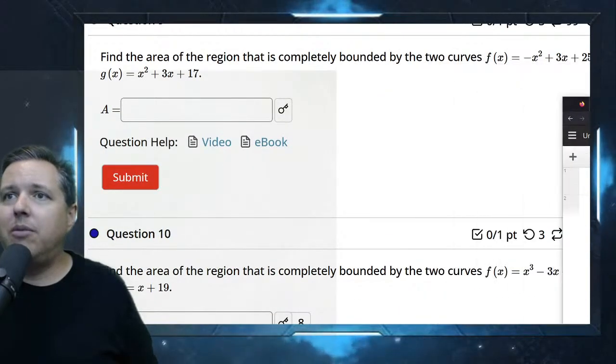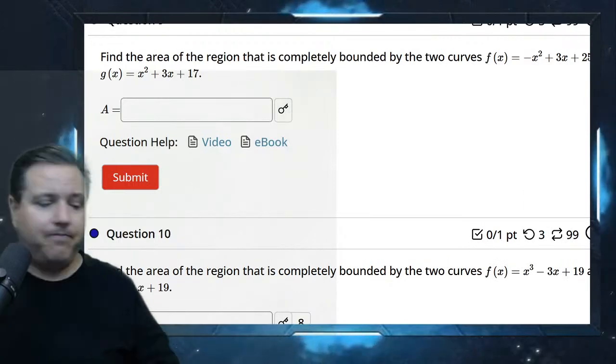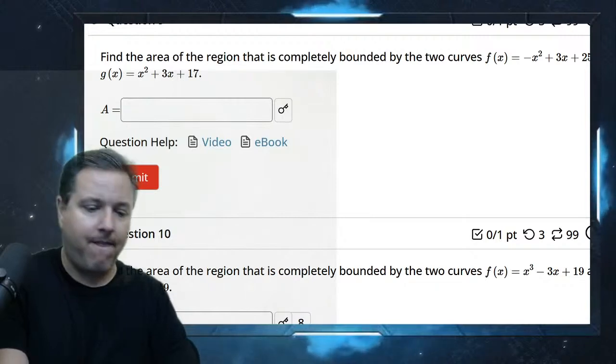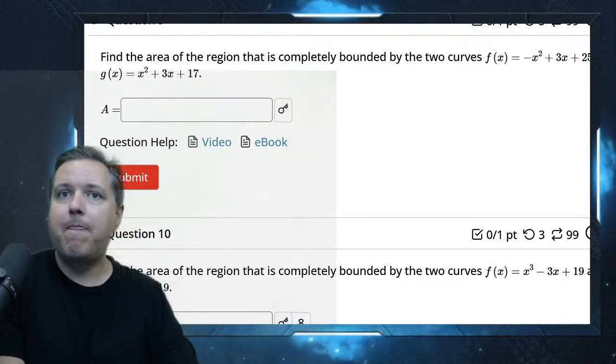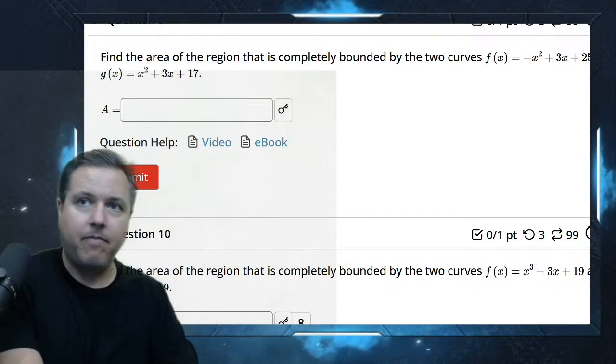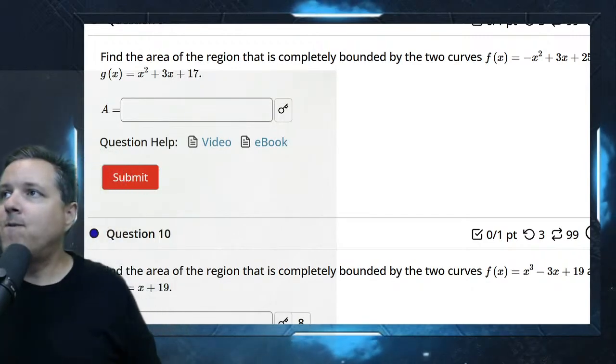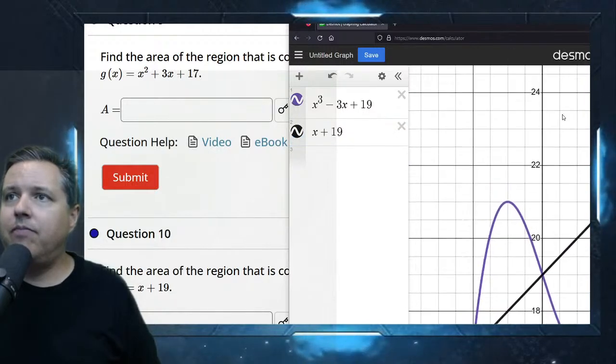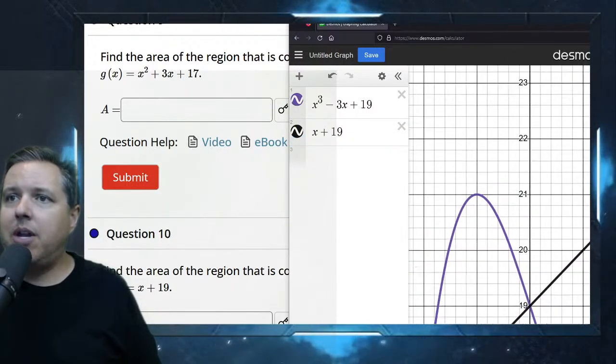Let me double check the third one. So let's see for this one. Yep, coming out pretty nice again.